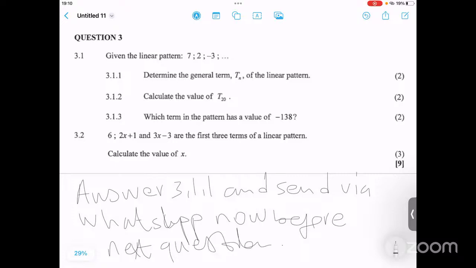So that is the instruction. Did you guys get it? Are you working on 3.1.1?